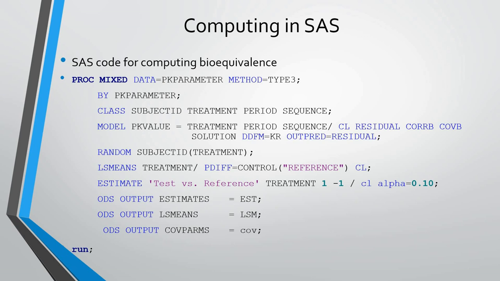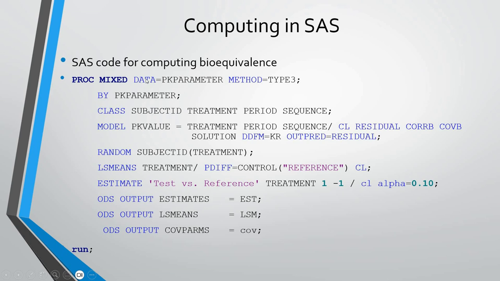There is restricted maximum likelihood, and there is type 1, type 2, type 3. These work basically with the ANOVA and ANCOVA setup. When I use type 3, it is an ANCOVA setup, taking care of the random effect of the subject, and then by PK parameter. So for every PK parameter it's going to work. I'm not going to pass my Tmax data here.